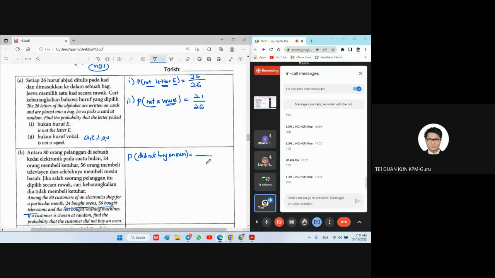Okay, 24 bought an oven. So the probability of an event is equal to the number of the event divided by the sample space.